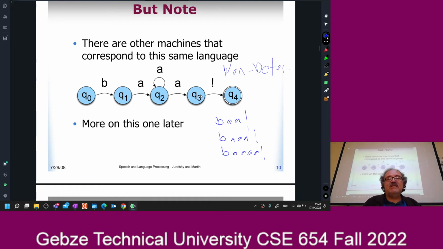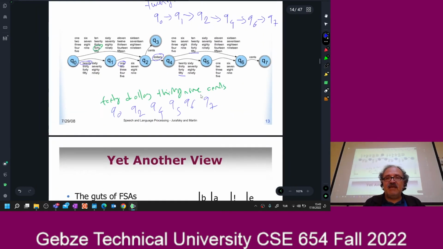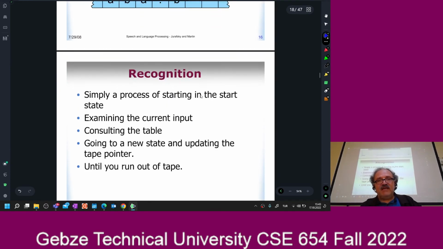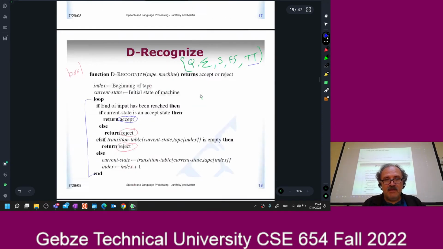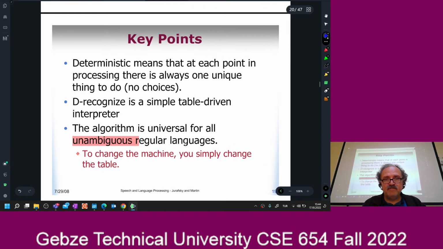So this machine is more difficult to execute because you need to explore all the possibilities. But still, it is not more powerful than a deterministic finite state automata. We talked about that.